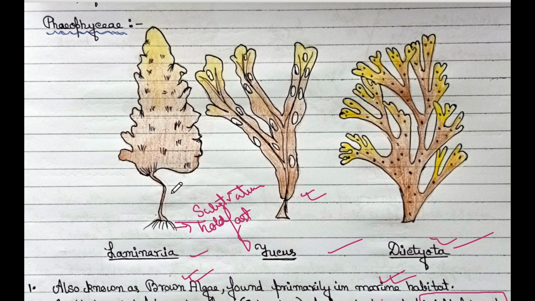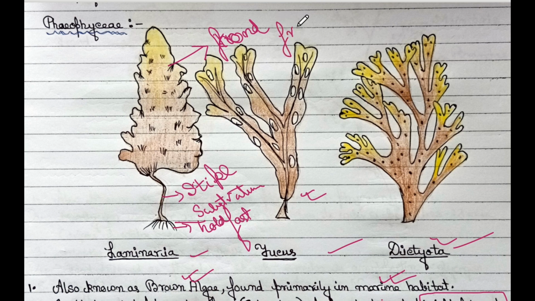Next, there is a stalk known as stipe, and beyond that there is a leaf-like structure which is known as frond.